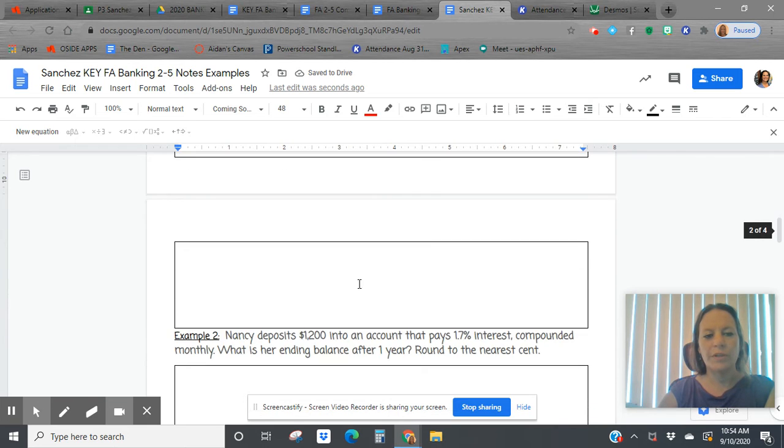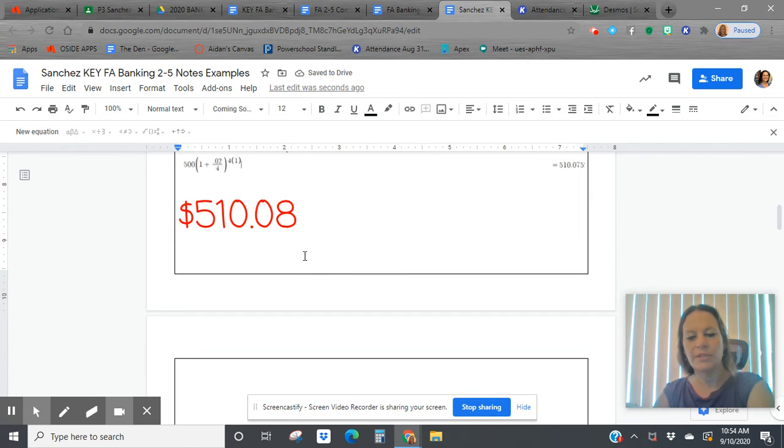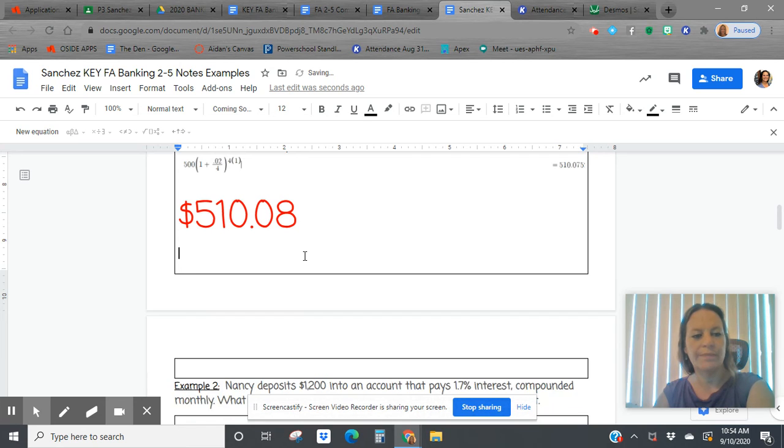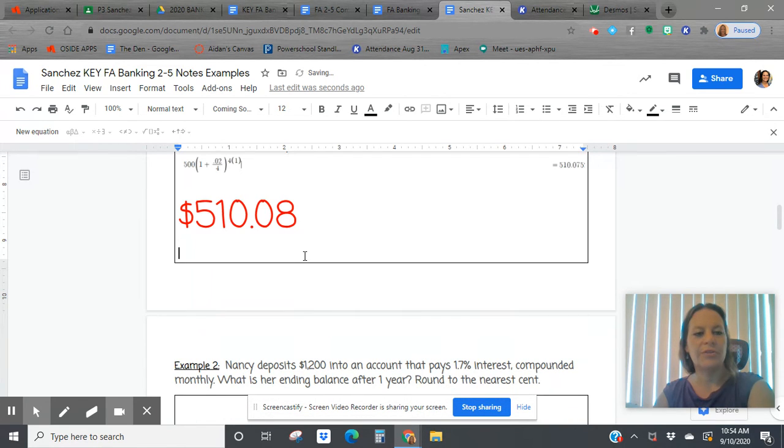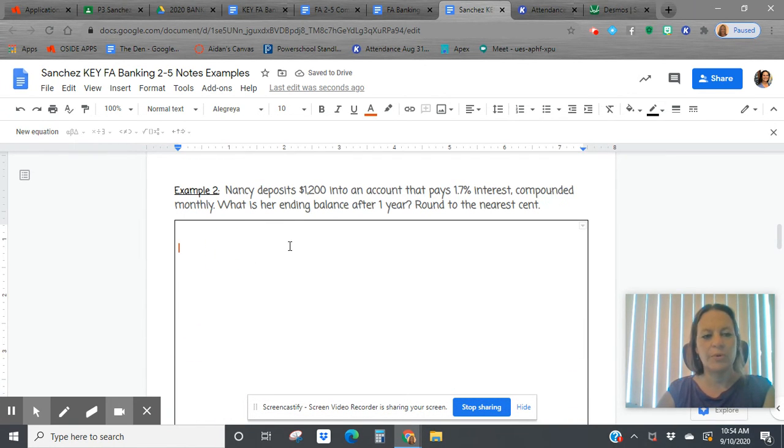Okay, so now we're going to move a little bit more quickly through these next examples now that you see the process we're using of first inserting the equation and then showing the Desmos work.